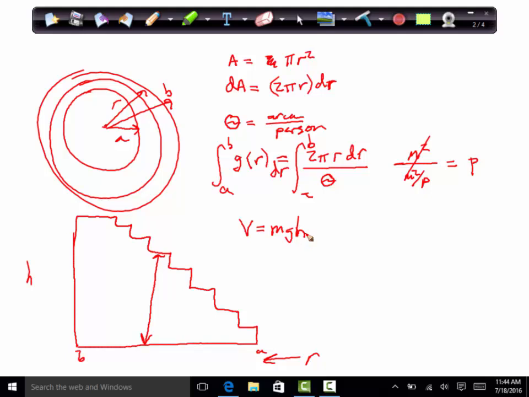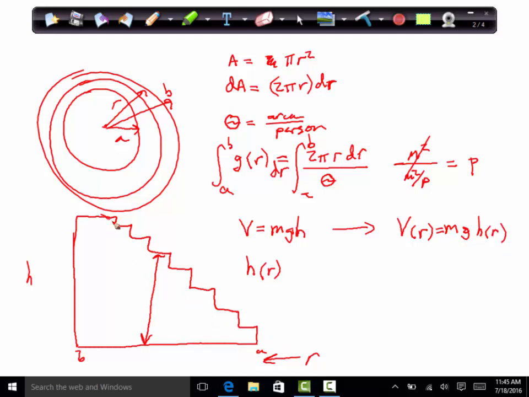So we could actually do an interesting thing here and transform the density of seats into the density of seats per gravitational energy instead of radius. So if we have one more function here, height as a function of radius, we can transform the gravitational potential into potential as a function of radius, just by substituting in the h of r function.